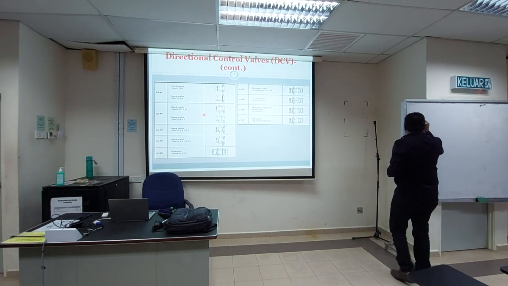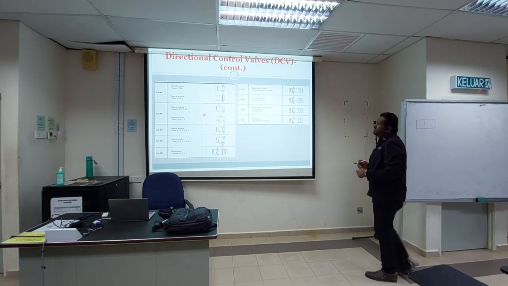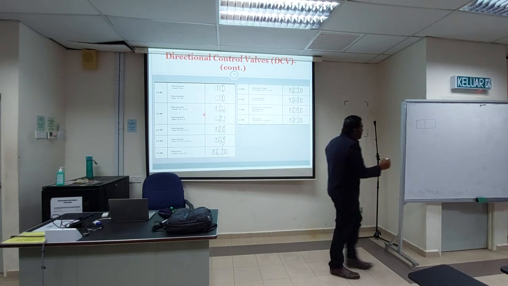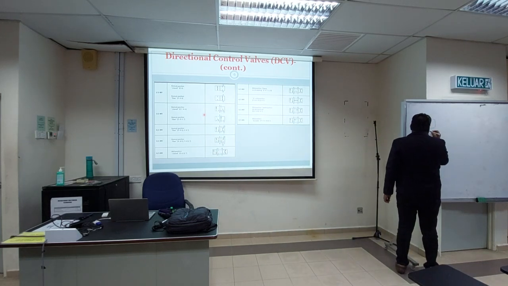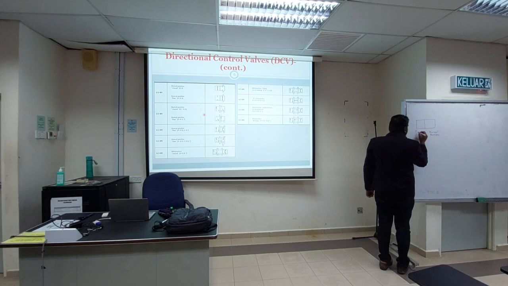So kalau you tengok, okay, so you ada 2 kotak, kan? Okay, I start with this lah. Okay, so normally yang bahagian kanan, so this is your normal. So this is your initial.